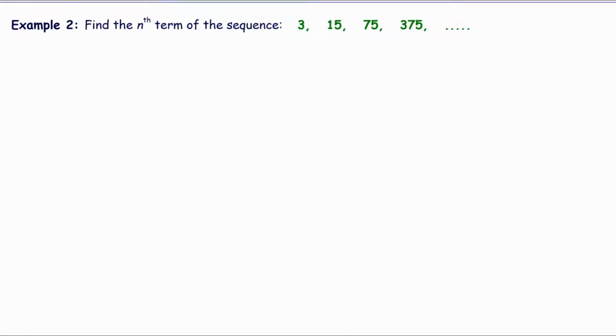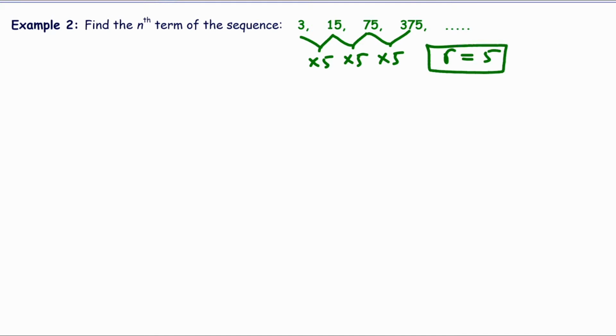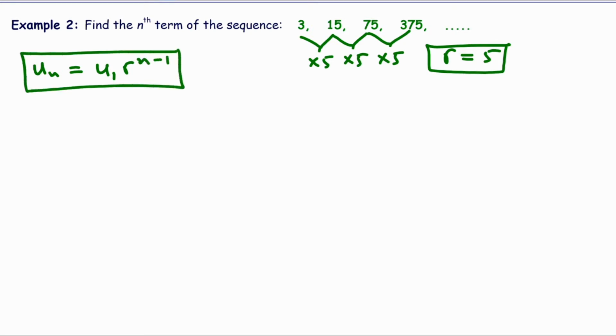So, example 2: find the nth term of this sequence. The first thing is to find the common ratio, and the common ratio here will be 5, because we multiply by 5. Now we know that the nth term of any geometric sequence is given by the formula that we derived on the previous page.